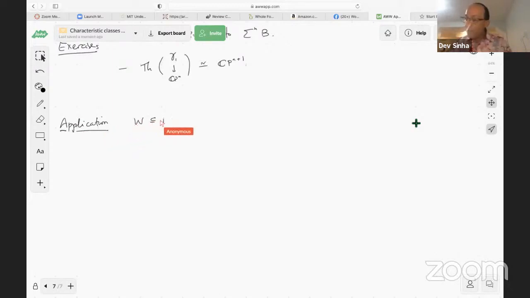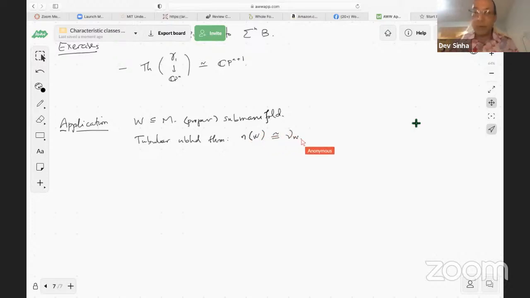Suppose I have a submanifold W. And let's remember the tubular neighborhood theorem: there's some neighborhood of W which is diffeomorphic to the total space of the normal bundle of W.